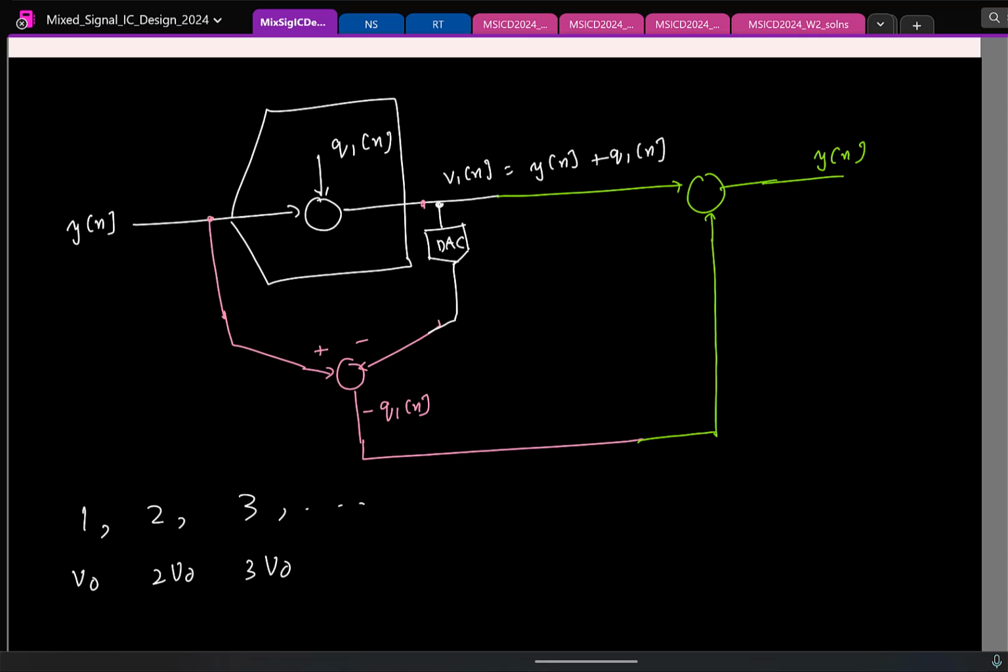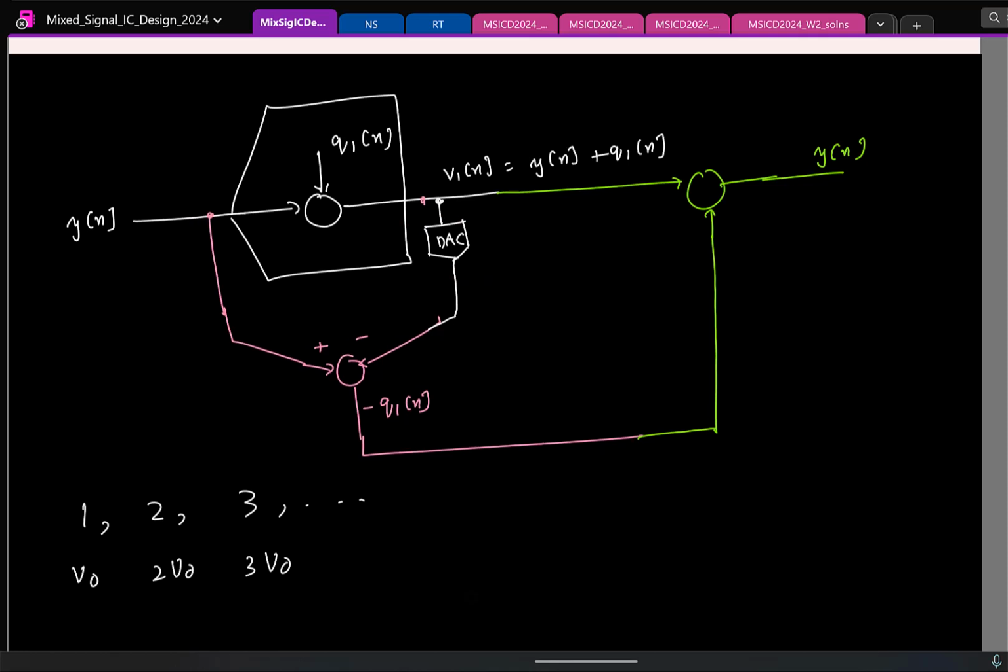So that is one nice thing. This DAC, ideally, doesn't add any error by itself. Right? So now you do this. I get minus Q1. You subtract this also in analog, this also analog. You get minus Q1. So you have this analog signal, but finally you have to add it in digital. So what do you need to use here? You need to convert this to digital using another ADC.